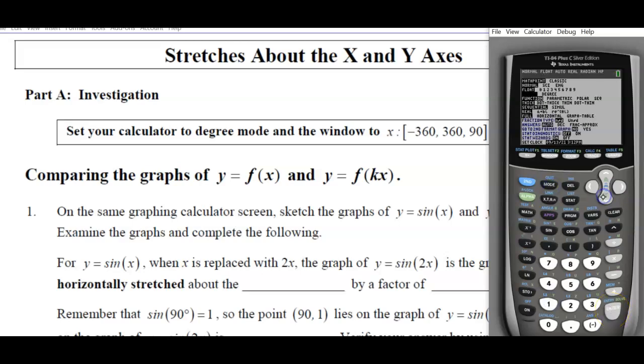Okay, go to mode key, convert to degree. Remember, your main setting is radian on a graphic calculator.